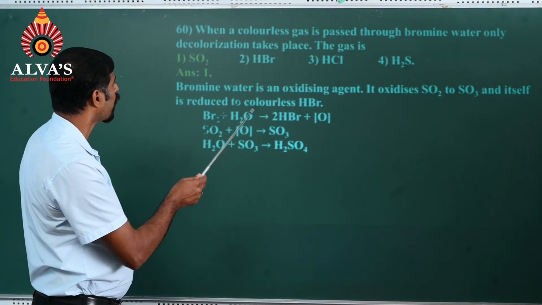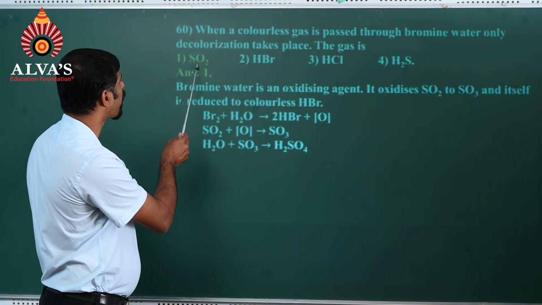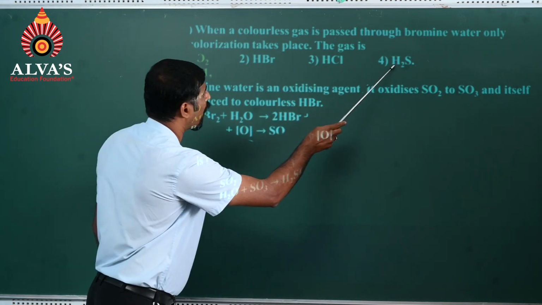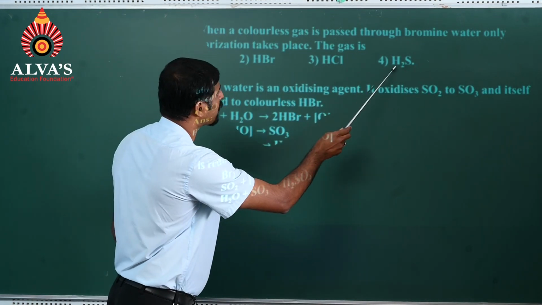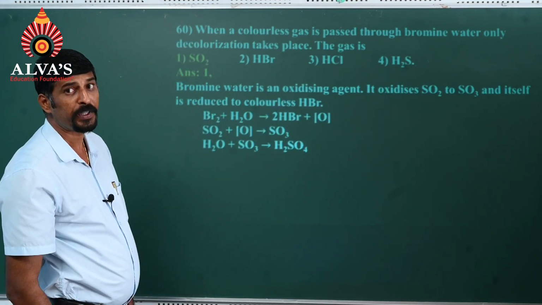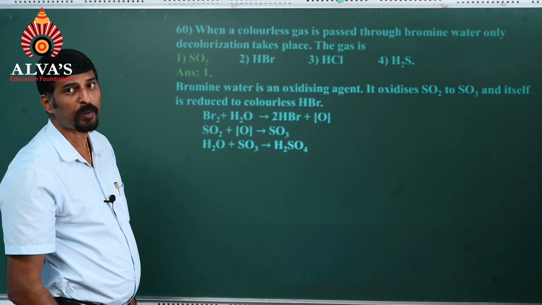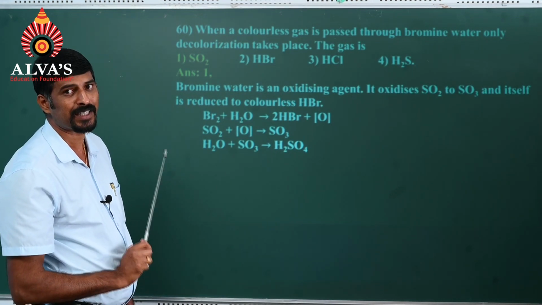Now here the bromine decolorizes, or oxidizes, sulfur dioxide as well as hydrogen sulfide. But when bromine oxidizes hydrogen sulfide, it forms sulfur in the colloidal form, so you will not get a clear solution, you will get a milky solution.